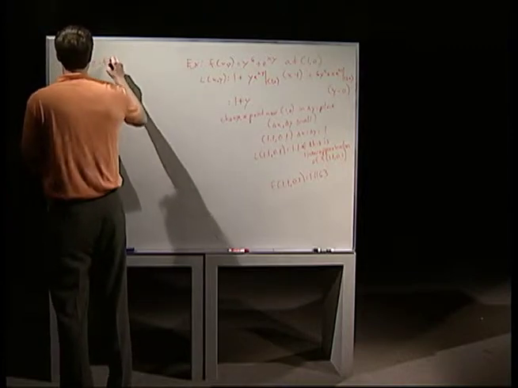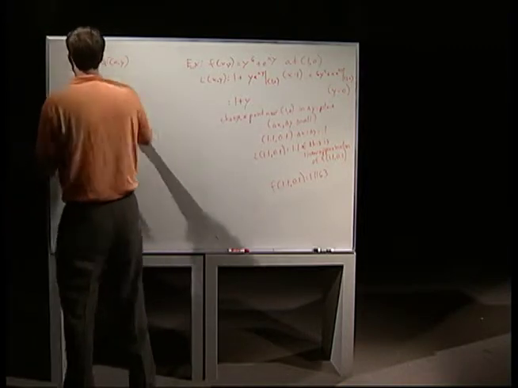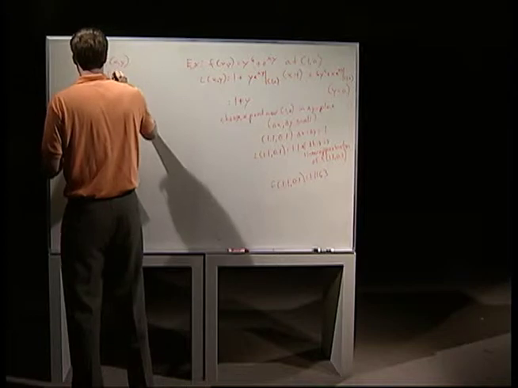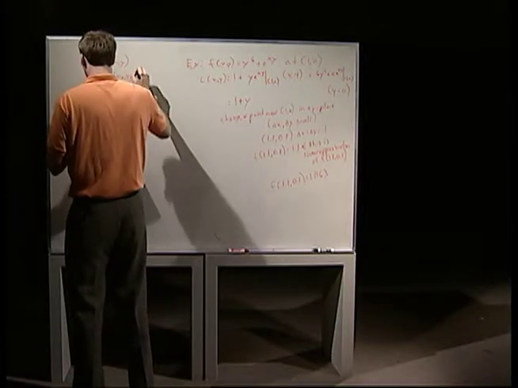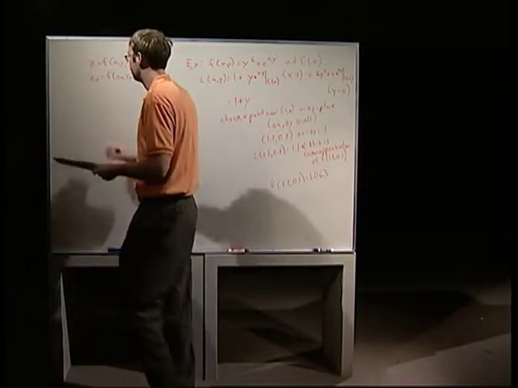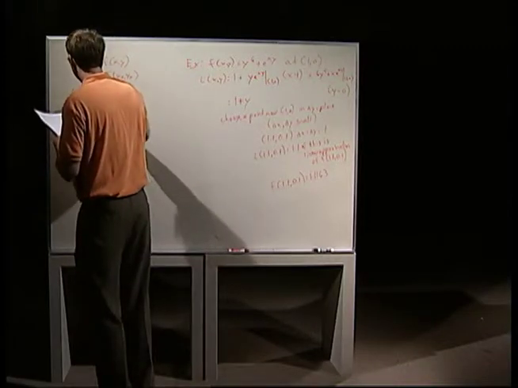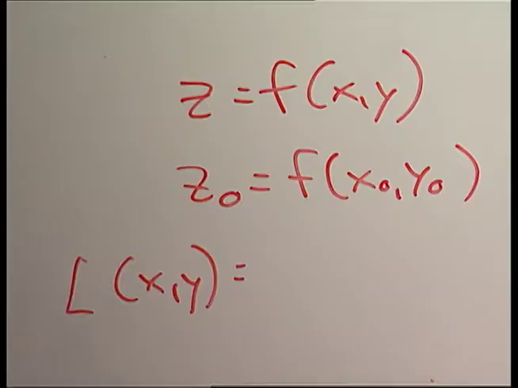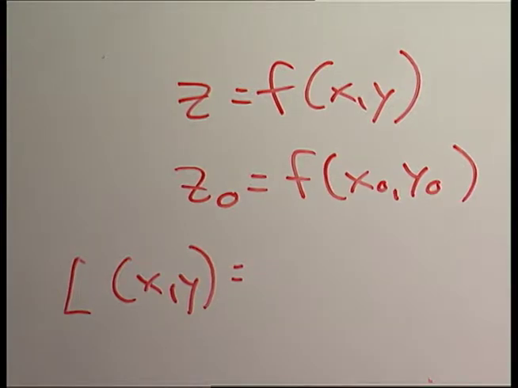Suppose z is f of x, y here, and we've got a point z naught, which is f of x naught, y naught. Let's look at L of x, y again for a minute.